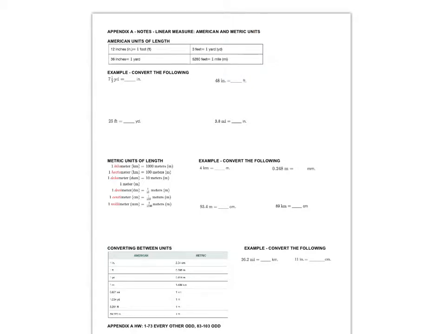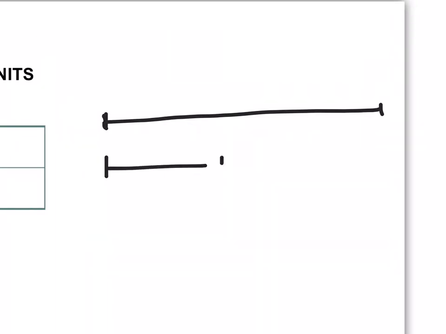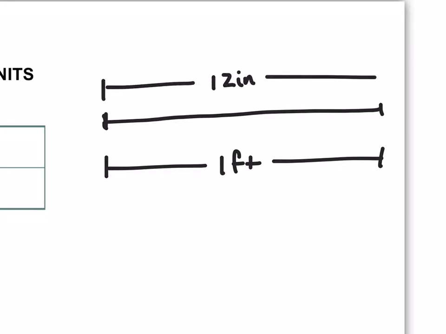The first thing I want to talk about is converting between units and what the point of that is. The easiest way I can explain this is to think of 1 foot. If the length between here and here is 1 foot, it's also the same as having 12 inches.